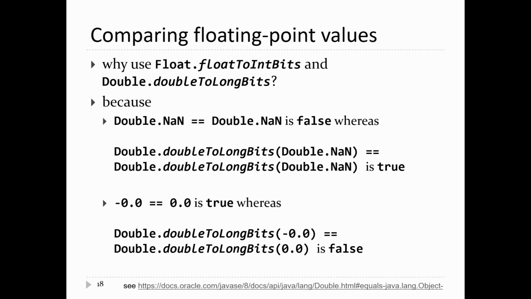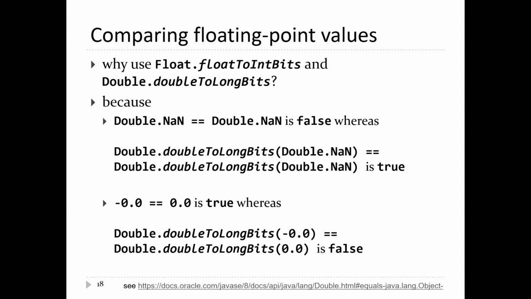All right, so why do we go through this nonsense? Because of the following. If your value happens to be not a number, then NaN equals NaN is always false, which looks strange, but that's the way that the IEEE 754 standard says it has to behave. So NaN is never equal to anything, not even itself.